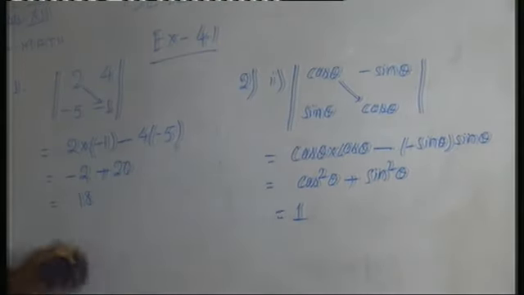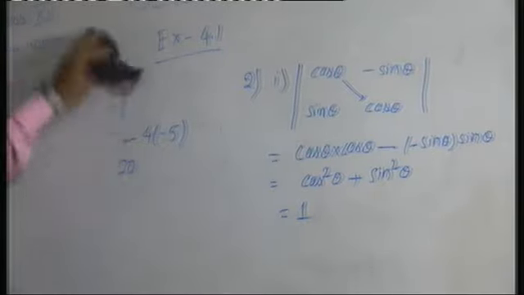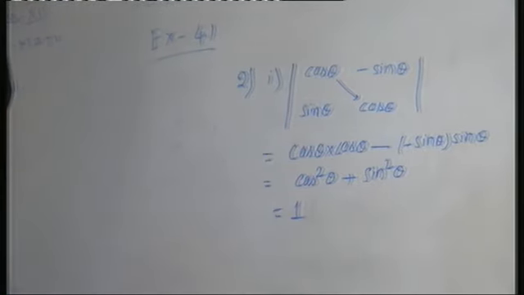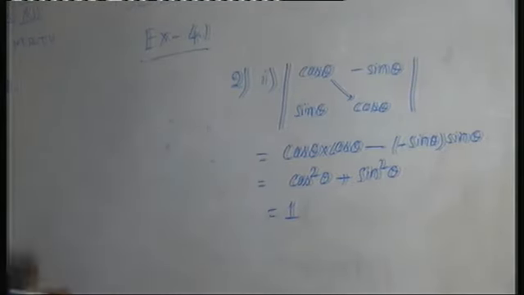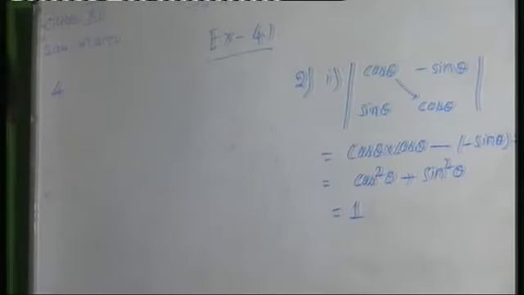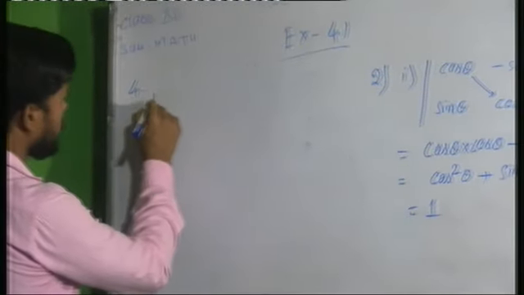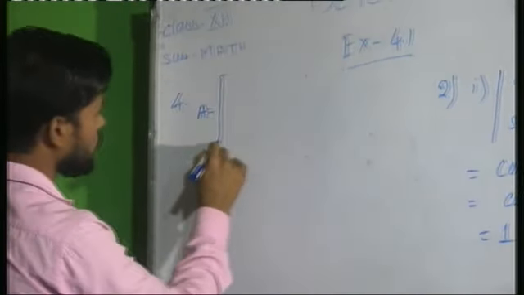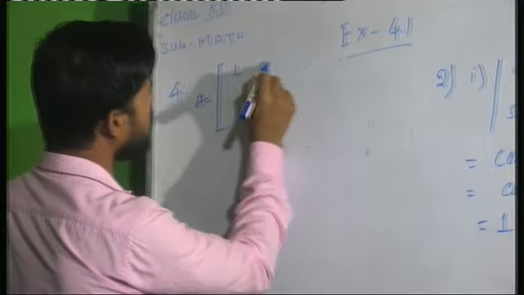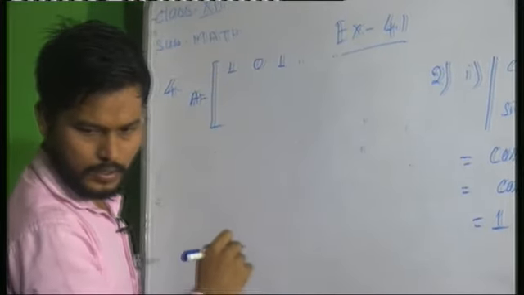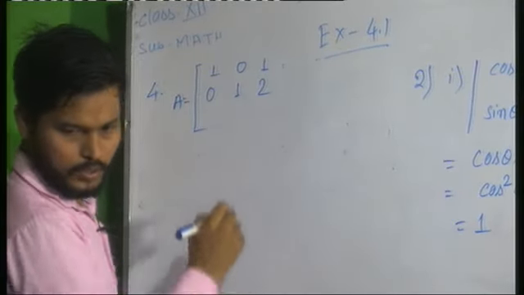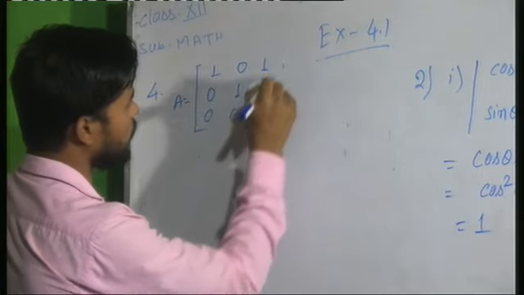Okay, let's solve the next one. Suppose I am solving question number 4. There is a matrix A equal to 1 0 1, 0 1 2, 0 0 4.